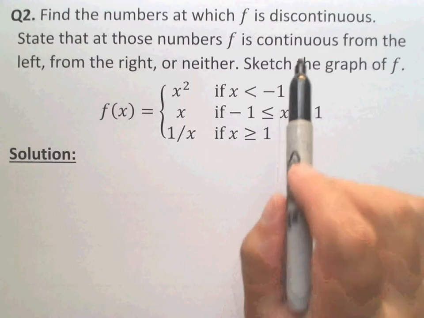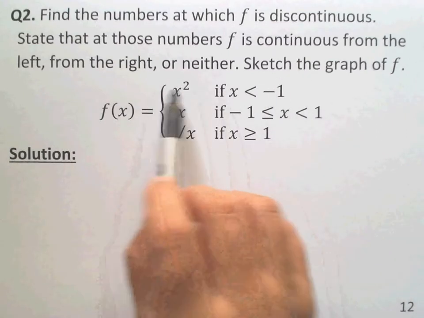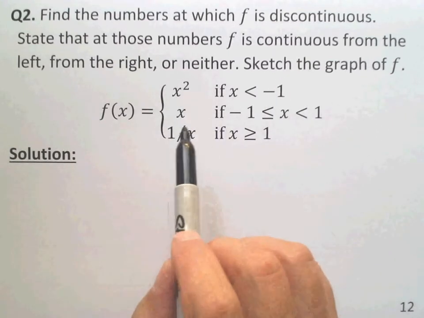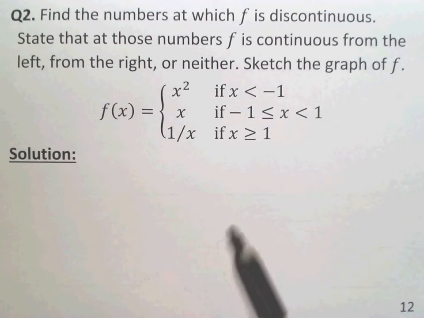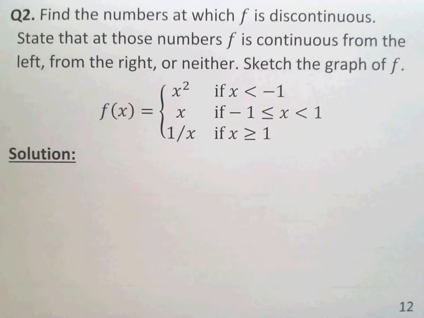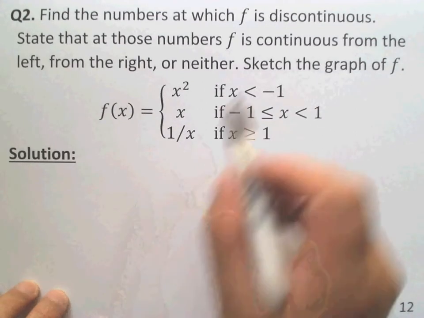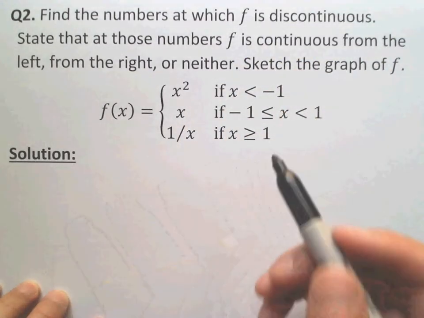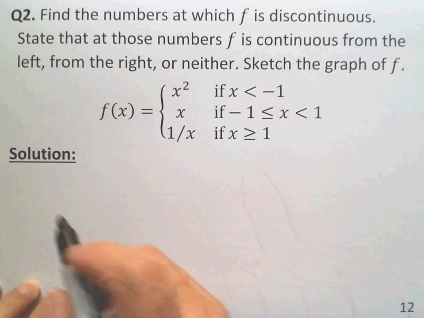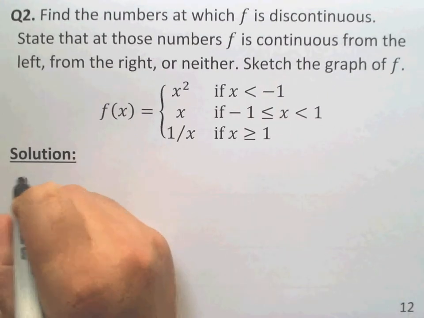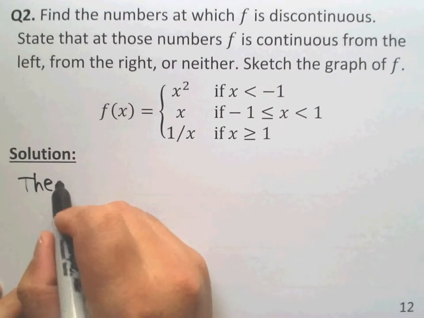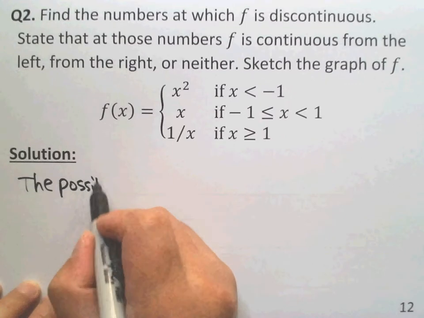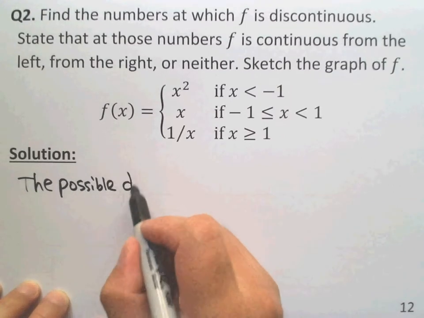So all the possibility is x equals -1 or x equals 1 are discontinuous. Why? Because inside each piece is a basic function, continuous. Okay, in the future I will show you. So here I list, which means how do you find which point? List the cutting point. That's the possible discontinuous number.